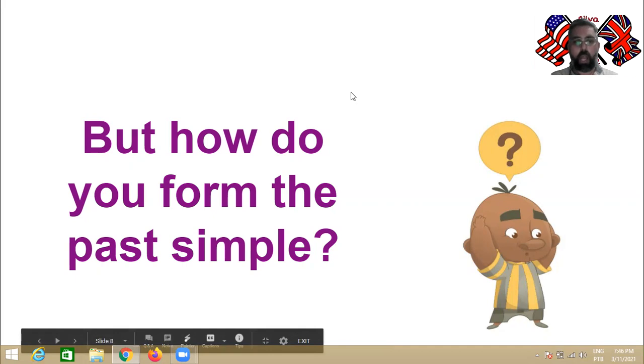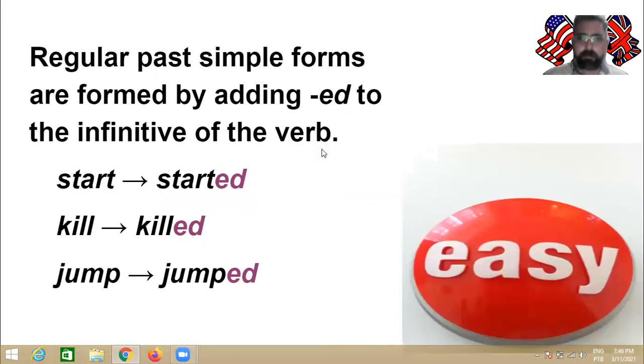We're here to learn. So regular past simple form, at least the regular verbs, they're super duper easy, guys. All you have to do is add ed. That's it.